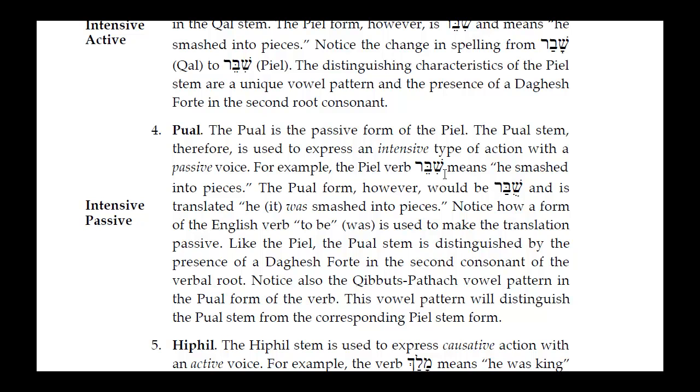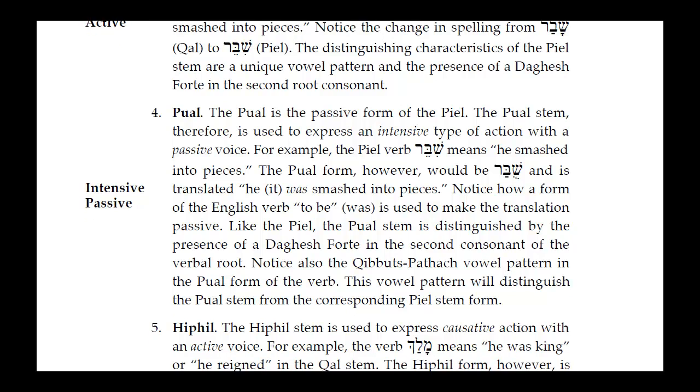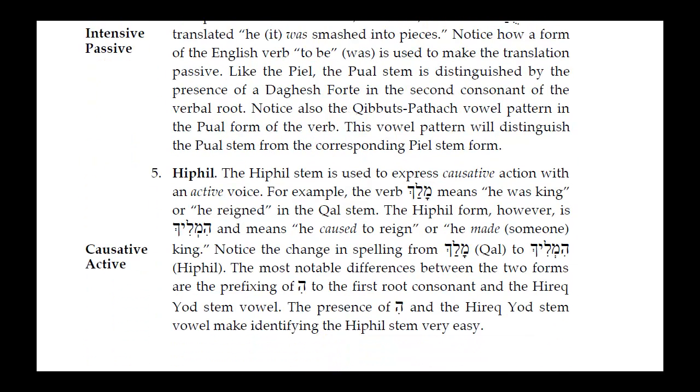Remember, Piel had the hireq, dagesh forte in the middle root, and the tsere stem vowel. Pual has the qibbuts under the first consonant, dagesh forte in the middle consonant, and a patach. As you go through the lessons, you'll become very familiar with it.